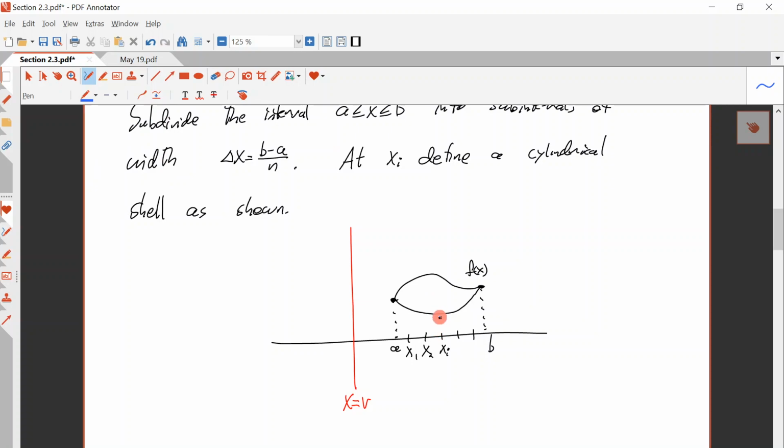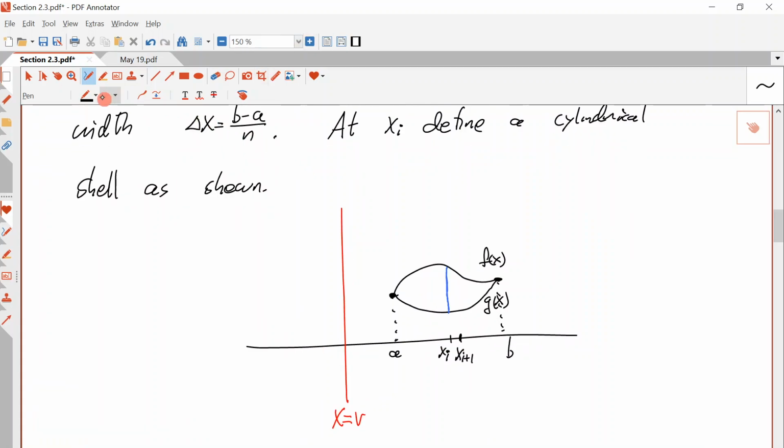So at x_i, consider this length right here. What's this length? It's f(x_i) minus g(x_i). That blue length is f(x_i) minus g(x_i). This is x_i, and this is x_(i+1).